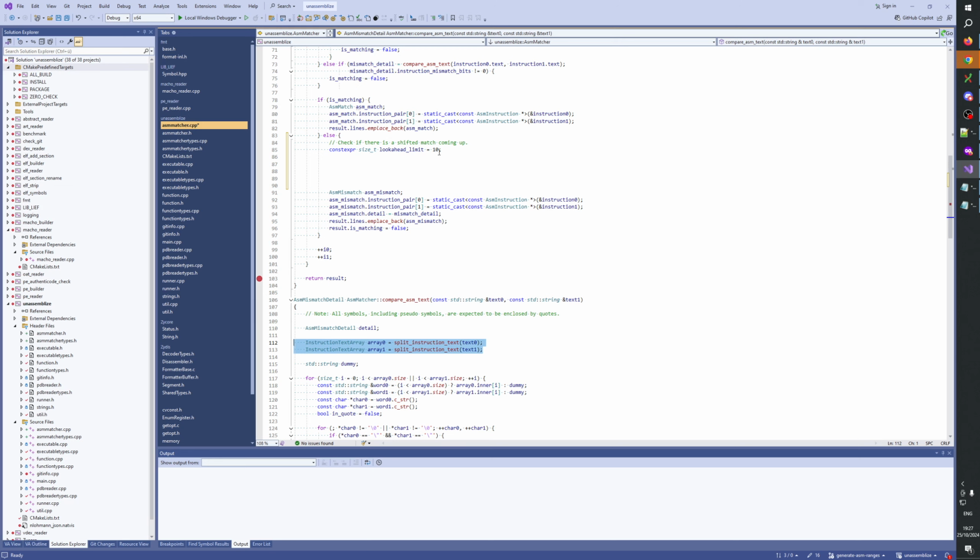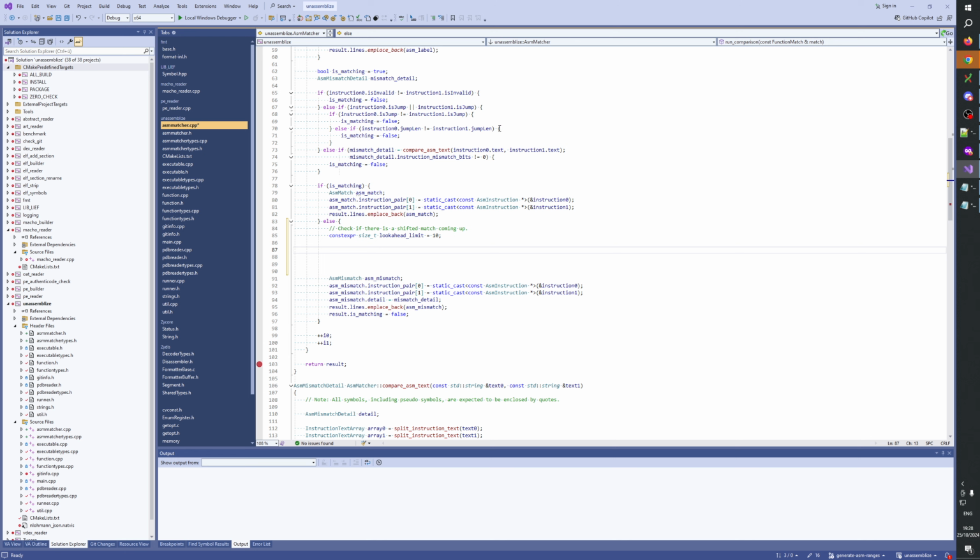Then we do the lookahead here, and then we split the instruction text. And how often do we do this? Let me think, 20 times, right? Yeah, 2 times 10. So we do this 20 times in the worst case. And then afterwards, we keep on going.